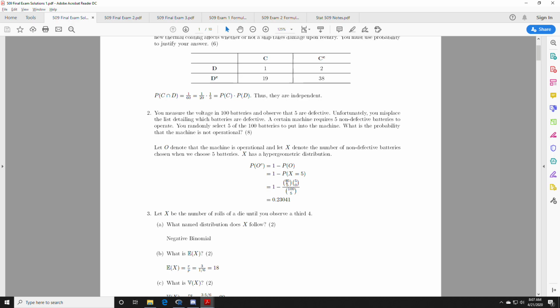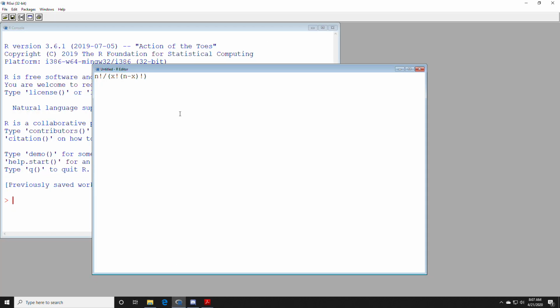Okay, so just the first one, let's recall. That first one is going to be 95 factorial divided by 5 factorial times 95 minus 5 factorial, and simplifying one more time, 95 minus 5 factorial is just 90 factorial.